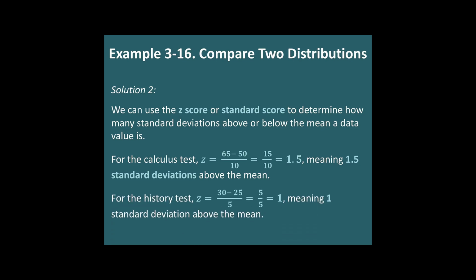For the history test, 30 minus 25 over 5 gives us 1, which again means 1 standard deviation above the mean. So once again, the z-score for the calculus test is larger. So the relative position in the calculus class is higher than the relative position in the history class.